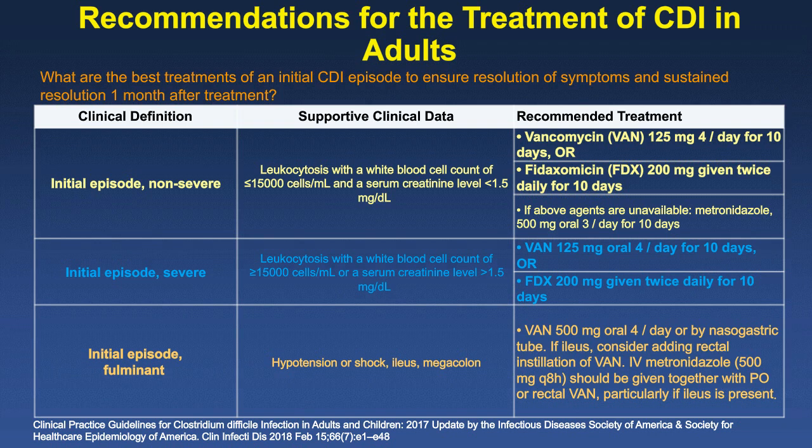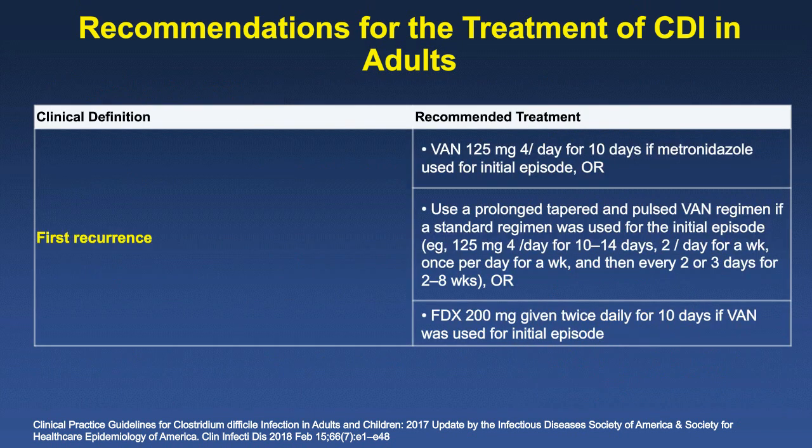If you look at the issues of episodes of severe disease, again, you see the same kinds of regimens. And then the initial episode of fulminant disease, the utility of vancomycin plus or minus metronidazole, particularly if the patient should have an ileus. Information about first recurrence here, and again, this is continuation in adults. Vancomycin utilized in the case of metronidazole for initial episodes.